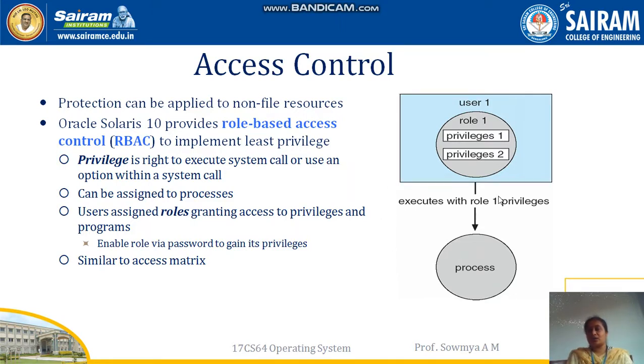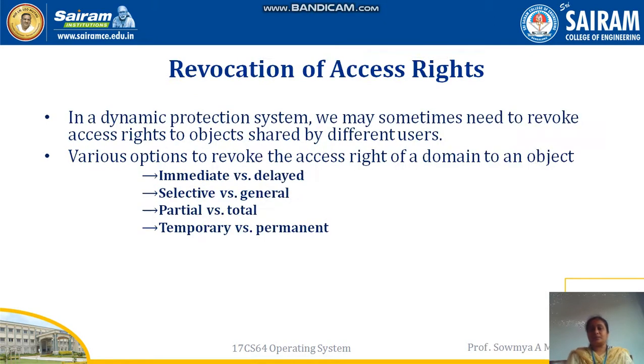See here, execute with the role 1 privileges. A process has a role, meaning every user has a role and privileges given, and like our access matrix, it has access privileges. Under the roles it has privileges for those access methods.